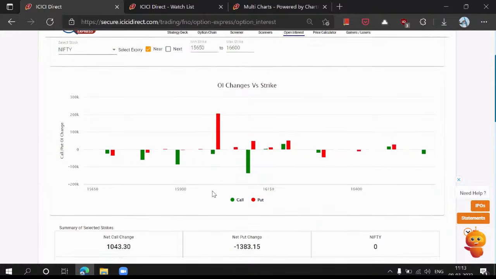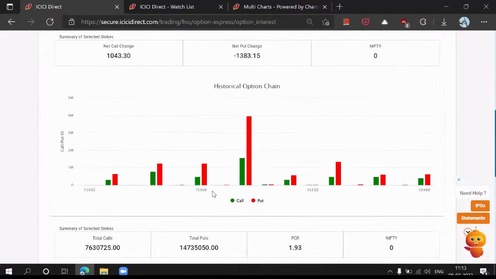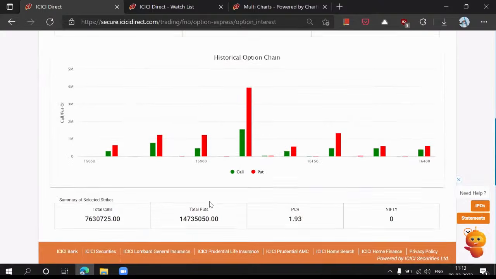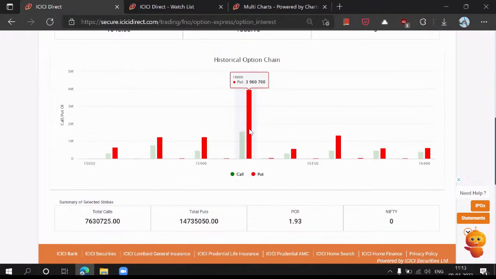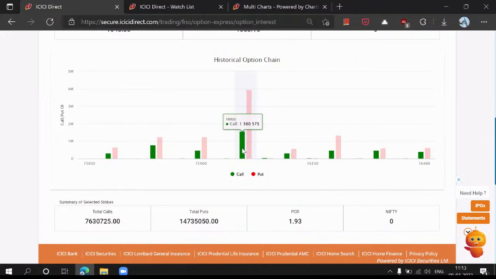Now, we will show you one more piece of information, and then the interpretation. This is the current position, where the maximum puts are at 16,000 levels. This is important to know because if markets were to break 16,000 levels, and a lot of puts have been written at 16,000, the put writers will have to cover, and then there is a chance of a sizable fall further.